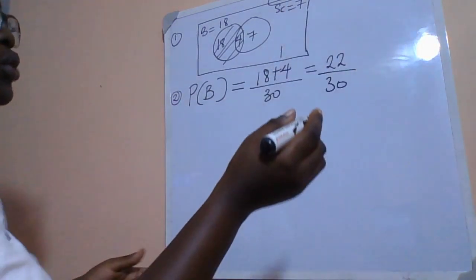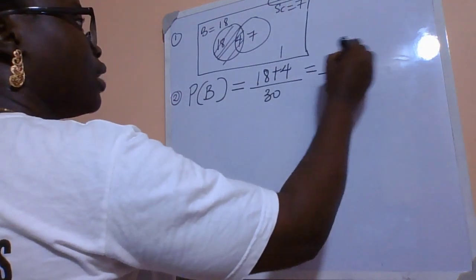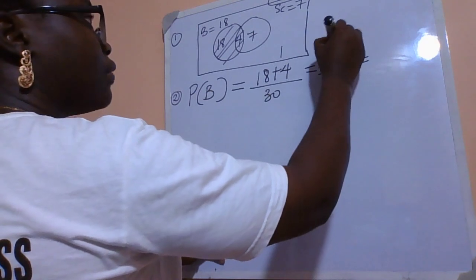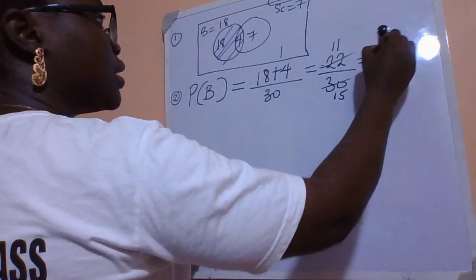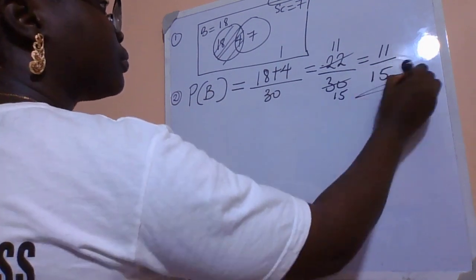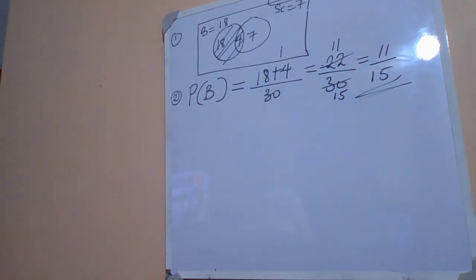You can decide to break it down. When you break it down, 2 can divide, we have 11 over 15. So we can leave our answer as 11 over 15. So that answered the second part of the question that says we should determine the probability that a learner selected at random takes biology as a subject.